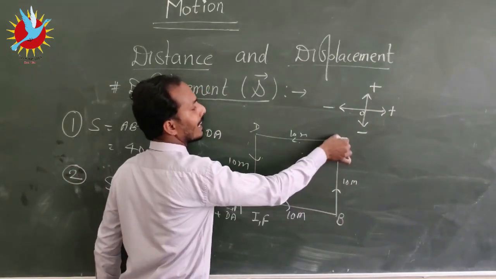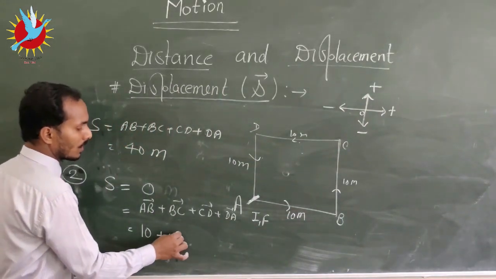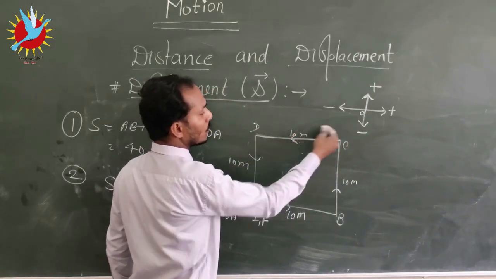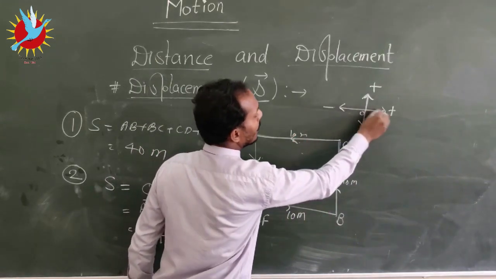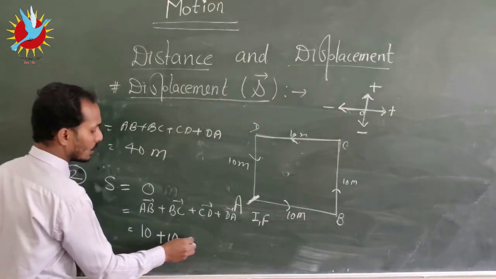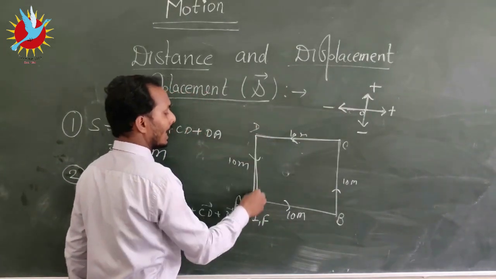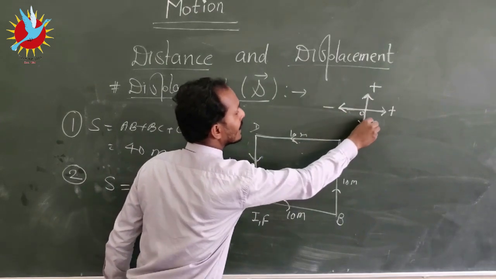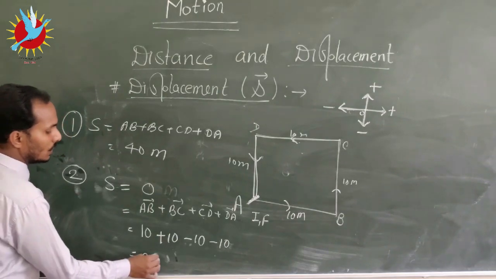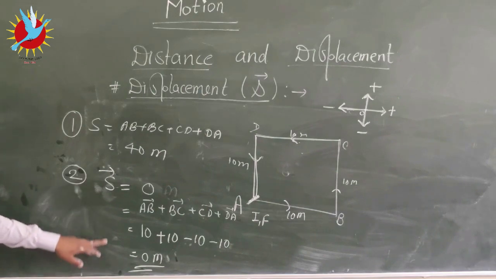Now BC in the upward direction is positive, so its value is again positive. CD is in the opposite direction to AB, so it is negative, so take negative 10. DA is in the downward direction, where the value is negative, so again 10, and the total value is 0 meters. It means displacement is 0 meters.